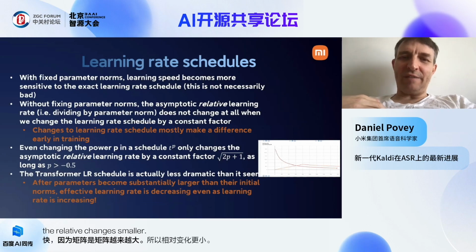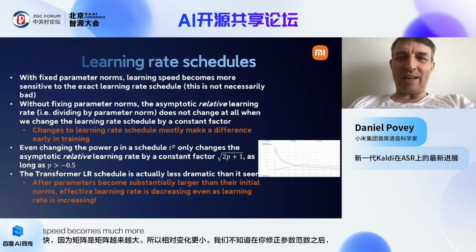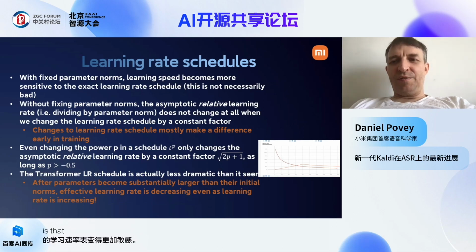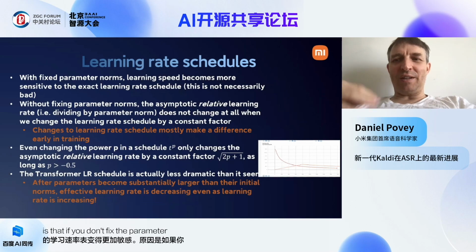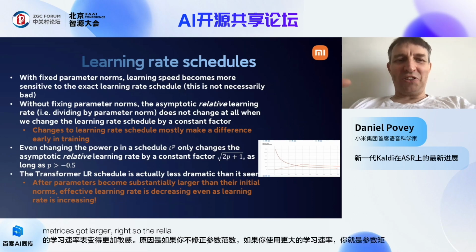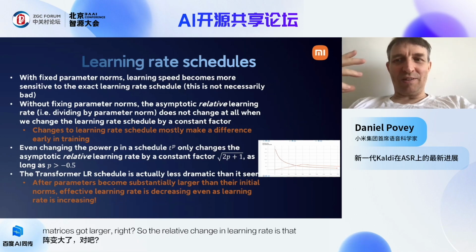We did notice that after you fix the parameter norms, the learning speed becomes much more sensitive to the exact learning rate schedule. The reason for this is that if you don't fix the parameter norms and you use a larger learning rate, your parameter matrices get larger, right? So the relative change in learning rate is smaller.